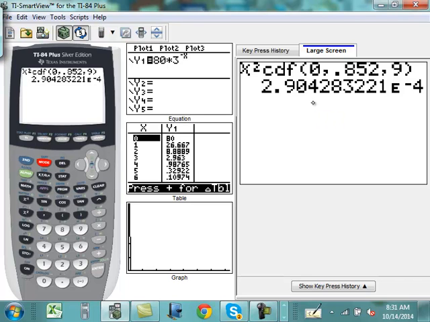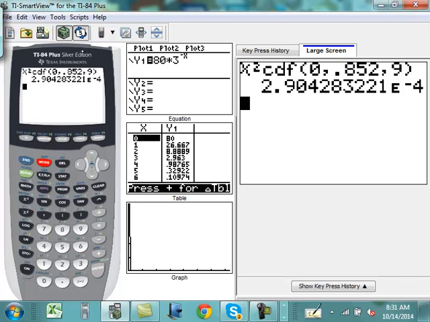The reason for the difference is that I am just using the rounded off value of the test statistic 0.852, whereas for the S-squared test that you might have seen in the PowerPoint and in the textbook, you would actually input all the data into your calculator, and the calculator would generate it for you.